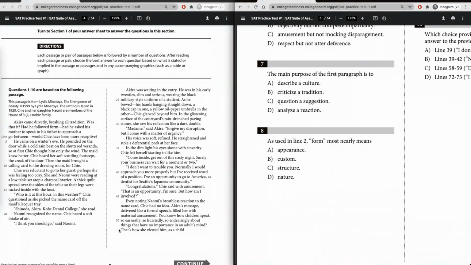Now, this question number 7. So once again, and I'm going to put this back up. This was supposed to be question number 3, and we crossed that out. So now question number 7 says the purpose of the first paragraph. Well, the purpose of the first paragraph also happens to overlap with what we read for number 3. So once again, you can extend it out just a little.